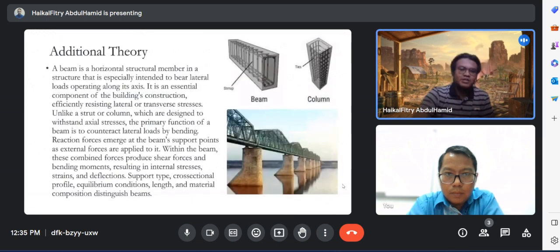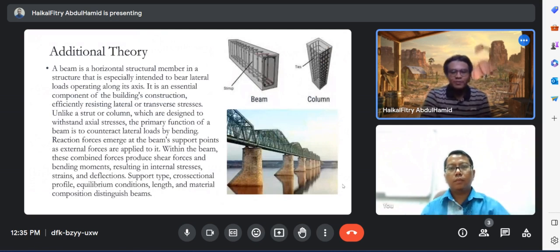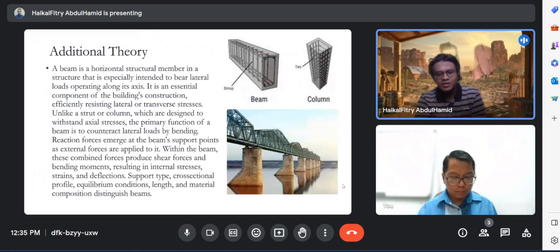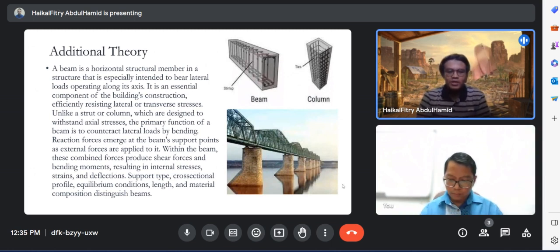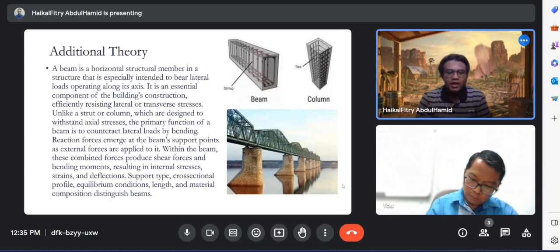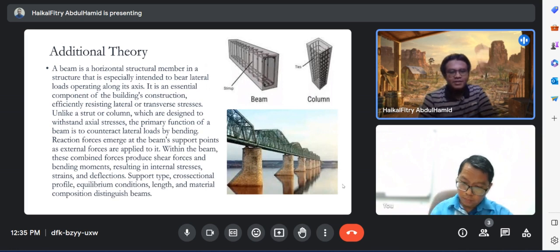So this is the additional theory. A beam is a horizontal structure member that is especially intended to bear lateral loads operating along the axis. It is an essential component of building construction, efficiently resisting lateral or transverse stress.